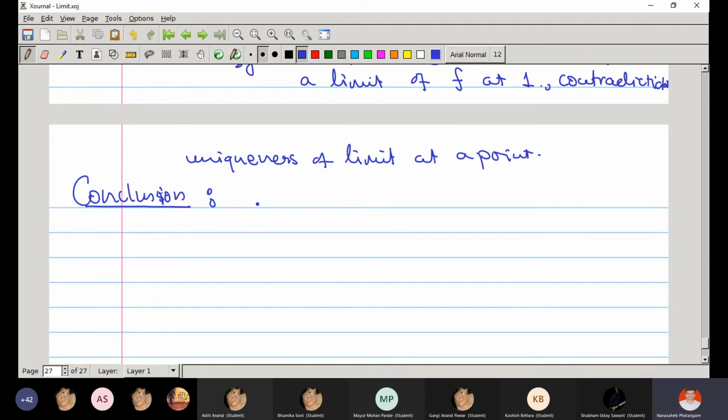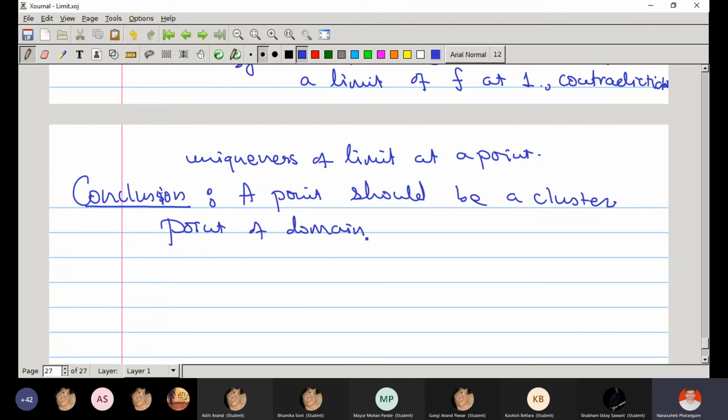A point should be a cluster point. At an isolated point the limit does not exist.